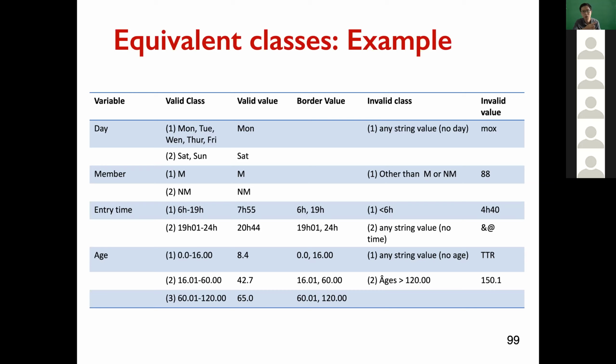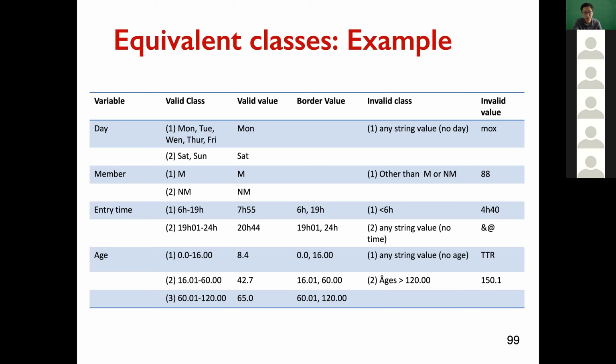For example, you can choose MOX as the invalid value. For Saturday and Sunday, choose, for example, Saturday. For member, you also have 3 partitions. One is member, another is non-member, and an invalid class is any other string, right? And you choose a value and an invalid value, right?